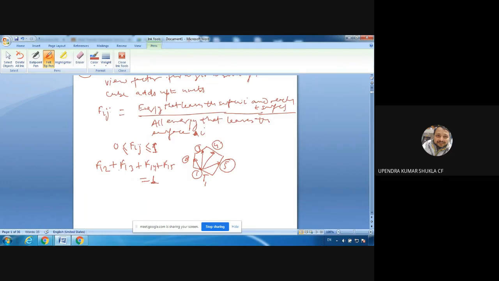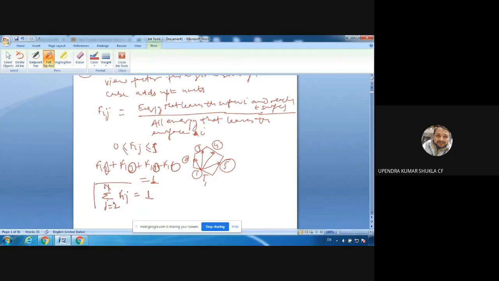So we can write in general, where J is changing over 2, 3, 4, in summation form: sum of Fij, for surface 1, J will start from 2 to n, is equal to 1.